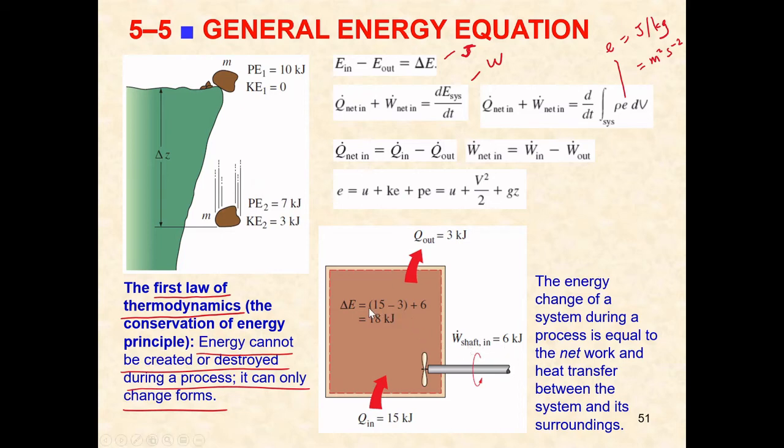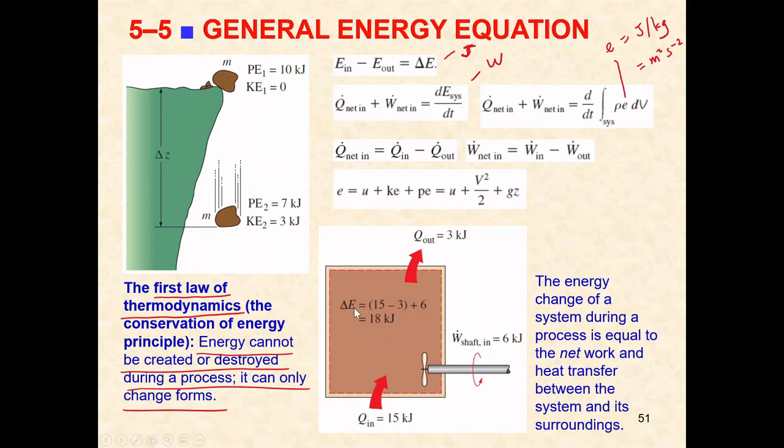Then you can estimate the energy within the system: 15 input minus 3 plus 6 kilojoules from the shaft work, giving a total of 18 kilojoules of energy given to the system.